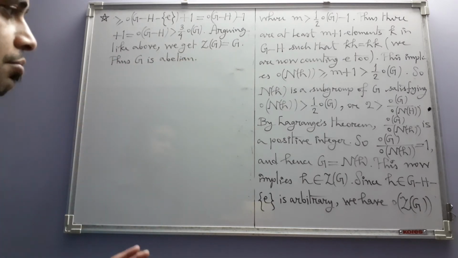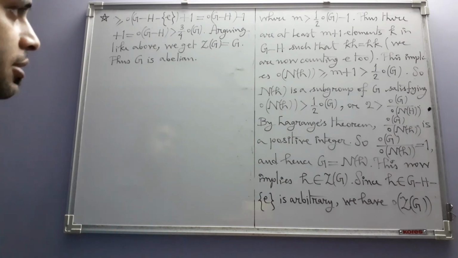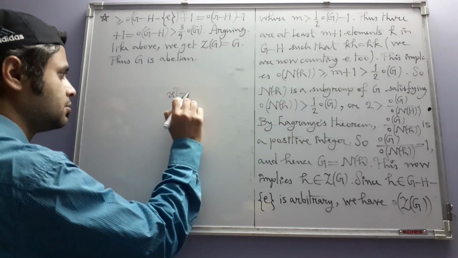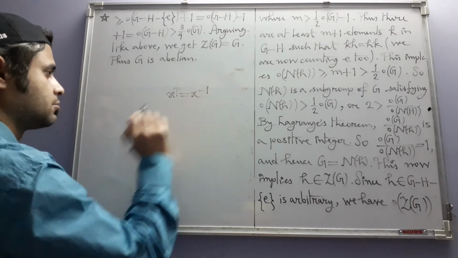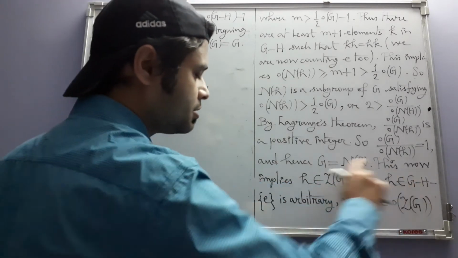Okay, so we have proved one part of the exercise, namely that the group is abelian, but there is still something else. We need to now show that T actually maps every element onto its inverse, or in other words, we need to show that this H is empty.